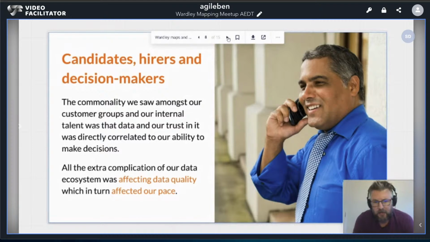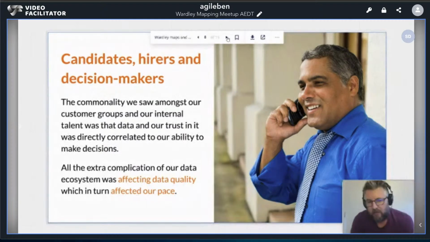So all of this extra complication that I mentioned of our data ecosystem was affecting the data quality, and the biggest impact that had was it affected our pace. Anyone who's worked with data science teams will have heard the refrain that 90% of the time spent doing data science is in cleaning and preparing the data.